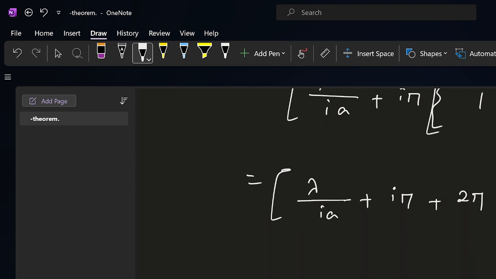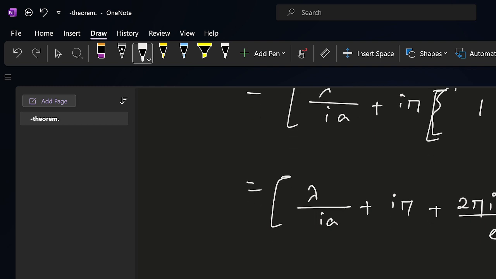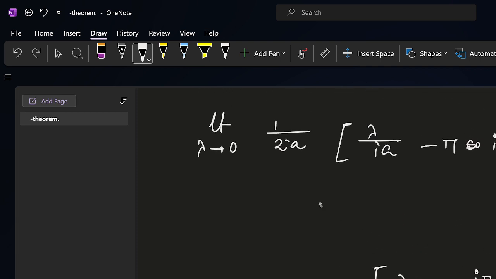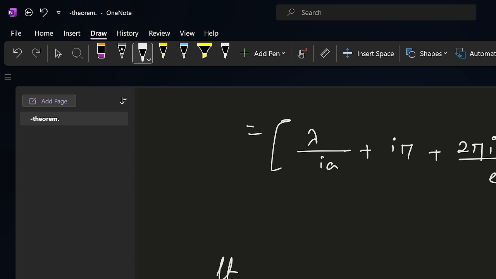Up to this part we have done, and in front of it we had 1 by 2ia, right? So the whole thing becomes the limit as lambda tends to 0 of 1 by 2ia times (lambda by ia plus i pi plus 2 pi i by e to the power of 2 pi a by lambda minus 1). Now because lambda tends to 0, 1 by lambda tends to infinity.